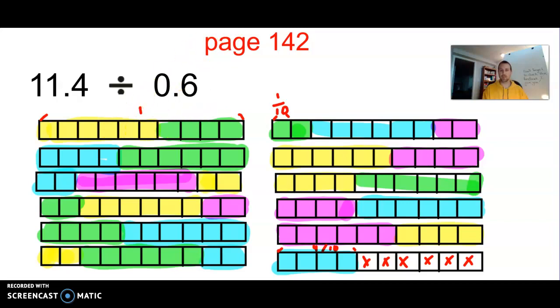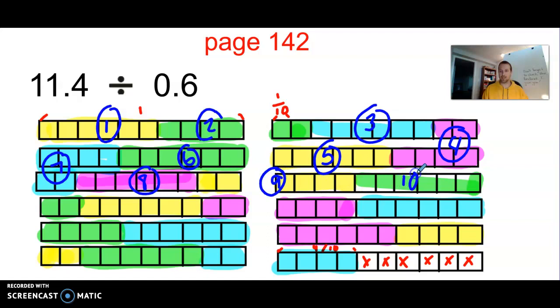Well, let's kind of label these here. We have 1 group, 2 groups, 3 groups. There's 4, 5, 6, 7, 8, 9 is this yellow, 10, 11, 12, 13, 14, 15, 16, 17. 17 moves all the way over here.